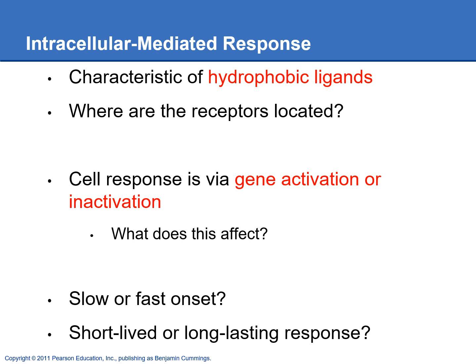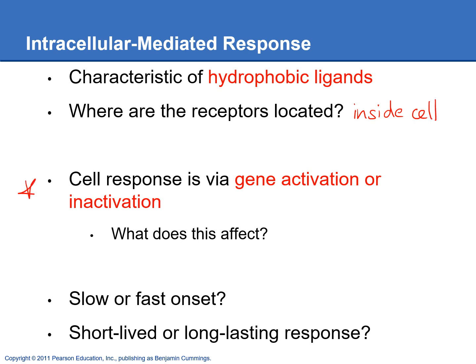So let's start with the intracellular receptors first, because these are probably the easiest. So remember that intracellular receptors are going to be bound by those hydrophobic ligands. And these are going to be located inside the cell, either in the cytoplasm or in the nucleus.